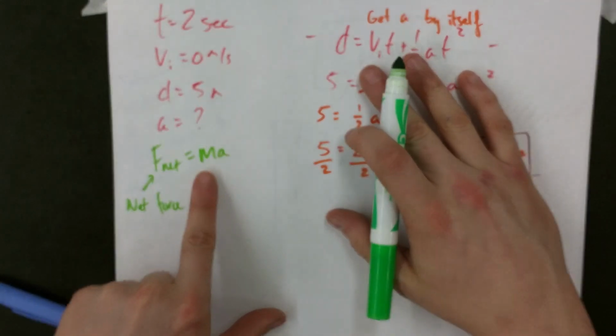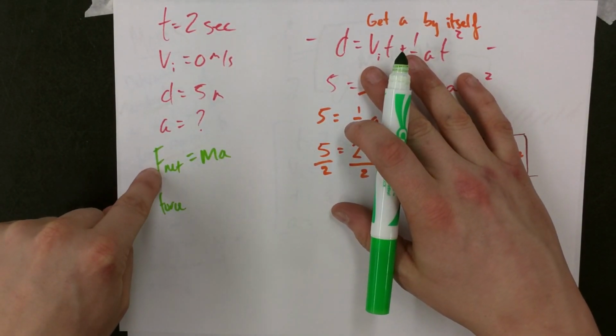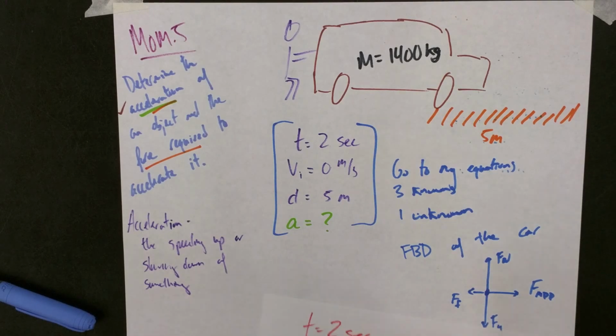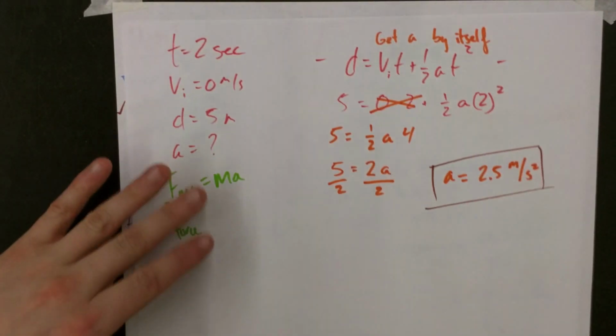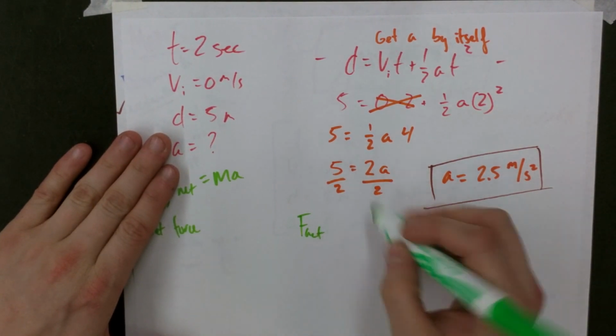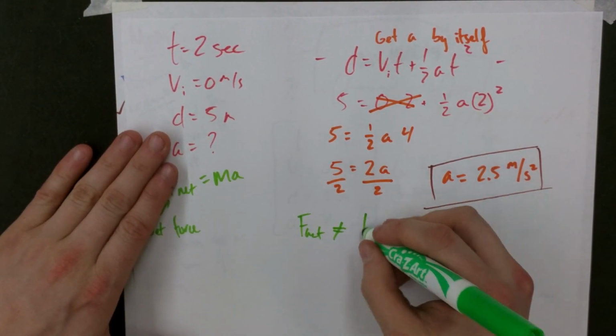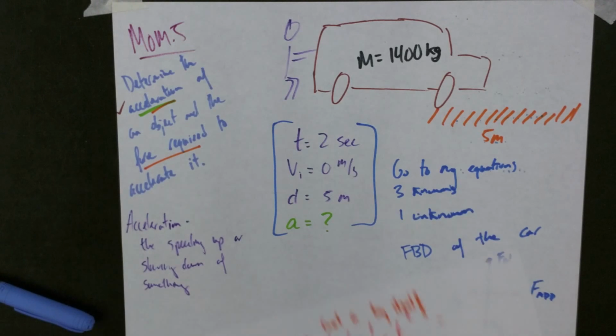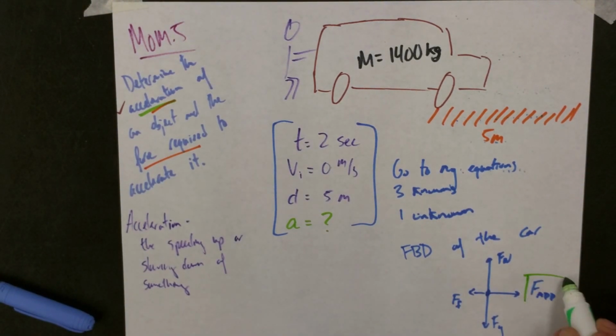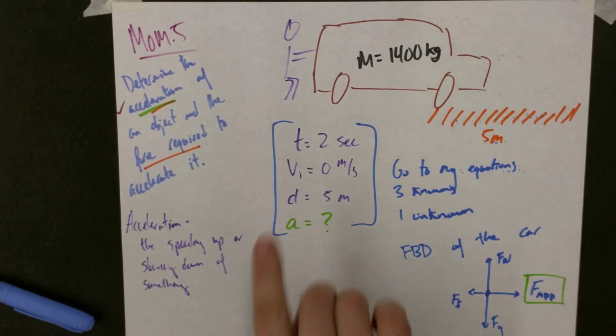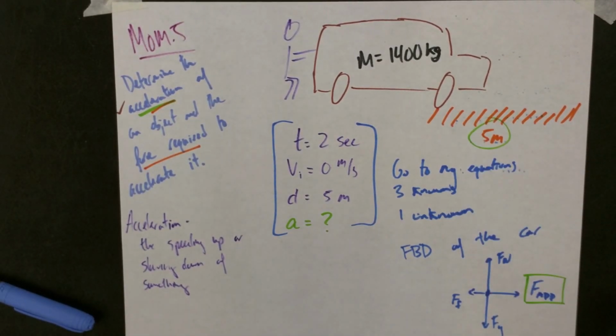We just solved for mass. So we can figure out the net force. But our ultimate goal is to figure out the force required to accelerate this car. And the net force is not the same thing as the applied force. Look at that. We're after this applied force. We want to know how strong we push this car to get it to accelerate 5 meters.